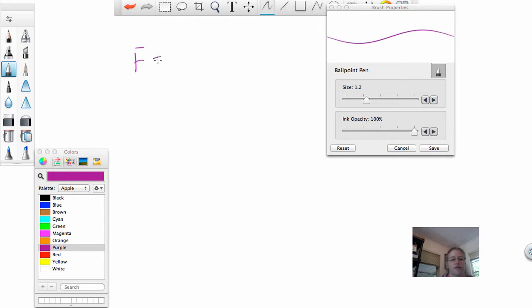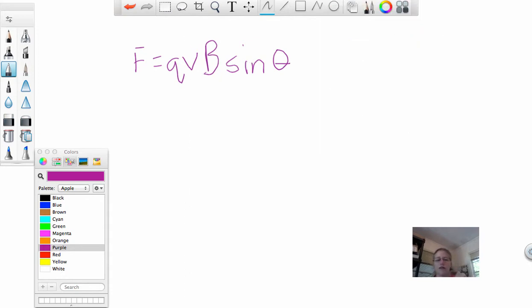So F equals QVB sine theta. Okay, so what this is, the force, and it's important to keep track of our formulas and what they are, because they're going to be forces on moving charges or forces caused by currents.